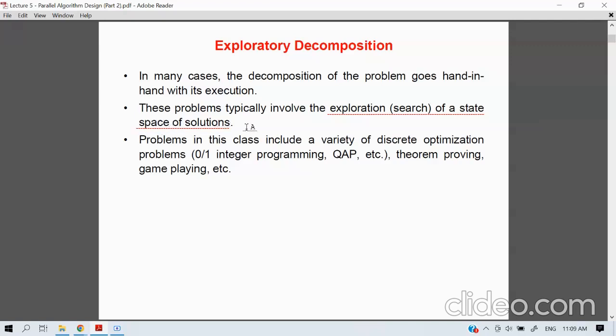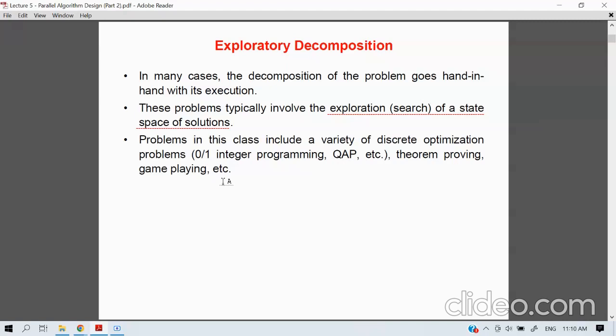These problems typically involve the exploration or search of a state space of solutions, such as 0-1 integer programming, QAP, theorem proving, and game playing. So we need to use exploratory decomposition.